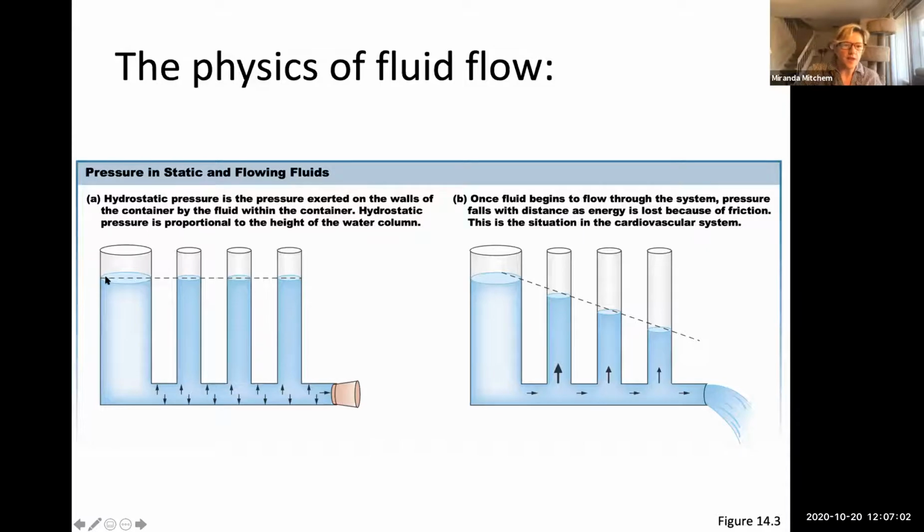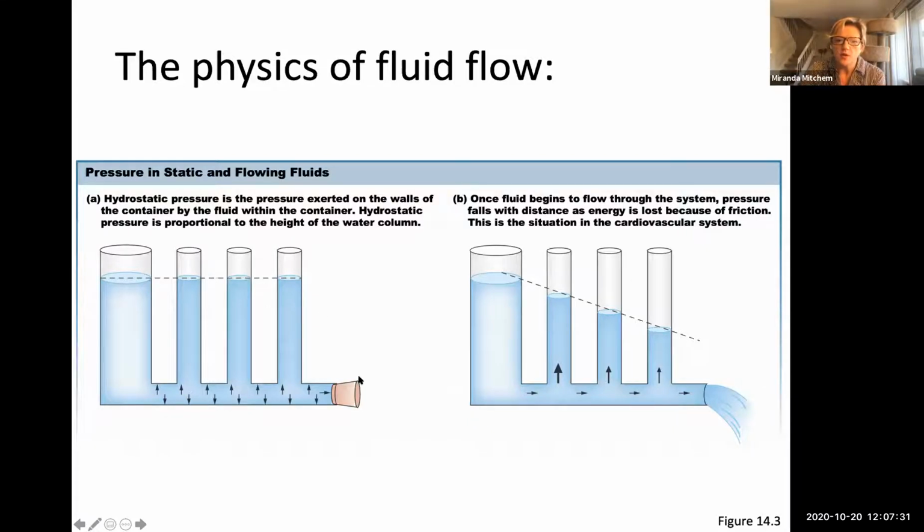And you can see that the level of water in each of these 4 cylinders is the same height since it's balanced out. These little arrows pointing outwards represent the hydrostatic pressure, and that's water pressure. And it's proportional to the height of the water column.